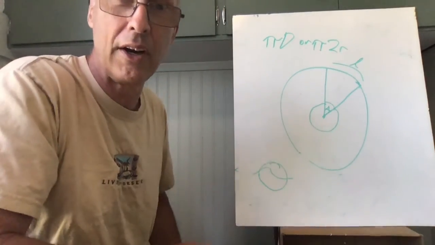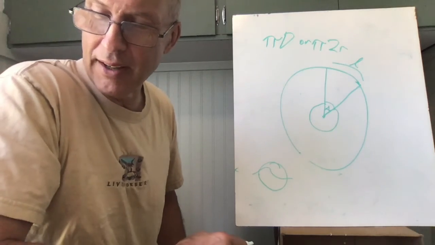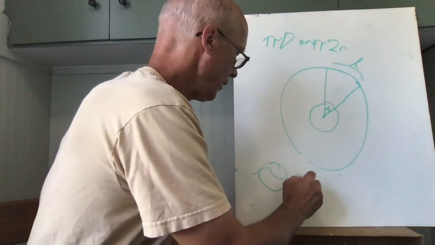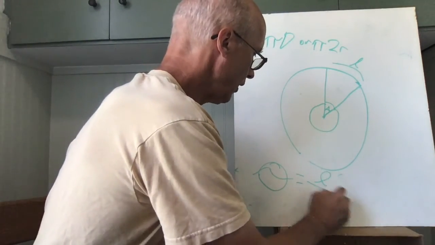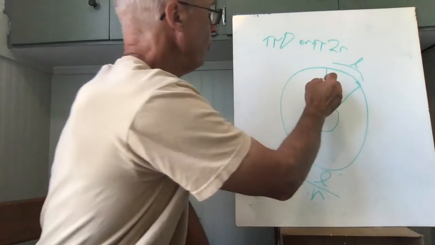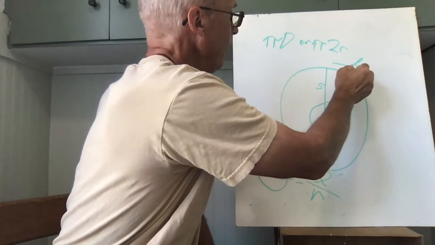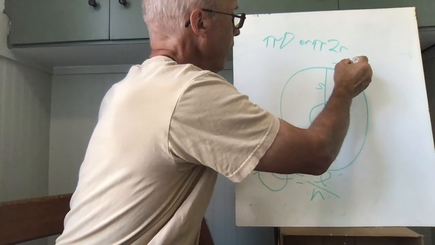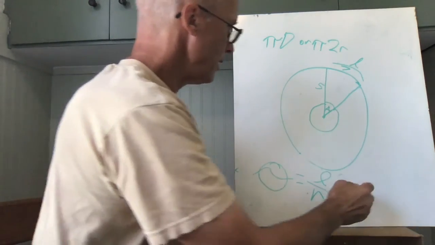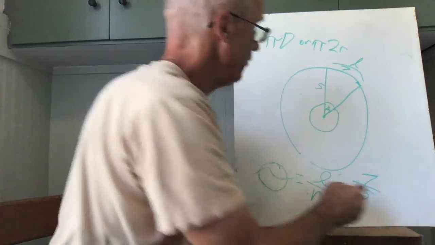You should have Miss Simendaris check with her. So the radian measure is the arc length divided by the radius. So if I knew this was 5 and I knew this was, I don't know, 7, then your radian is going to be 7 divided by 5. Does that make sense?